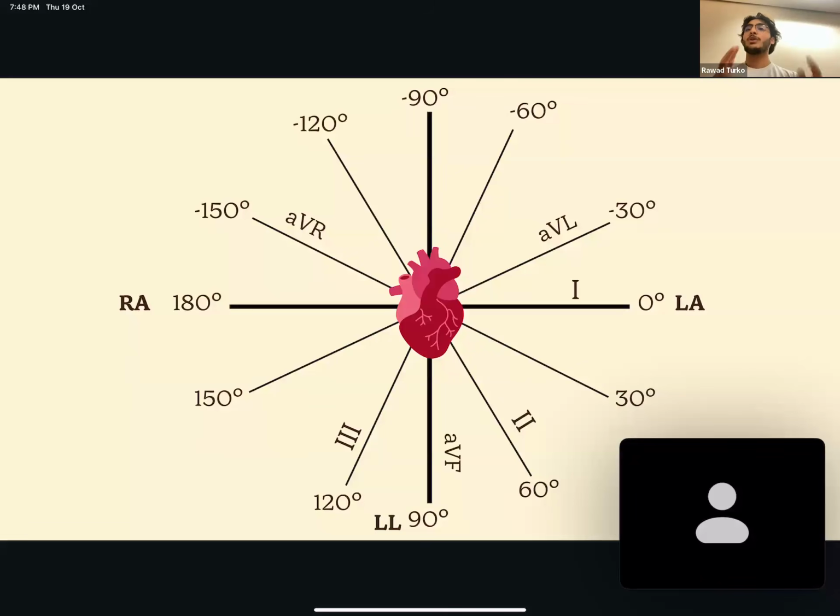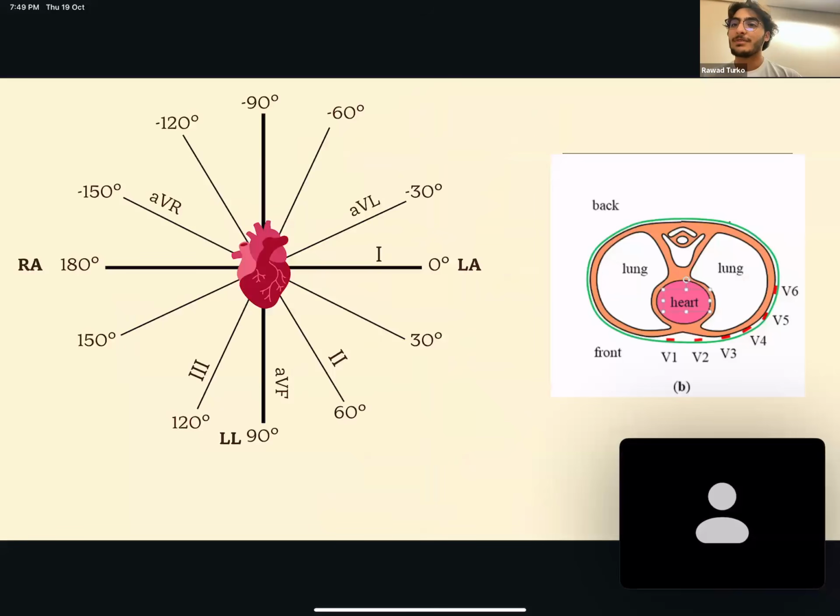When you have 2 negative electrodes, you can't be looking at both of them at the same time, so you look at the net negative terminal, which is in between the both of them. But if it's just 1 positive and 1 negative, it's that simple: you're looking from the positive to the negative. From the left arm to the right arm, it's a straight line through the heart, 0 degrees in the frontal plane. Oh, okay. Thank you. Perfect. No worries.